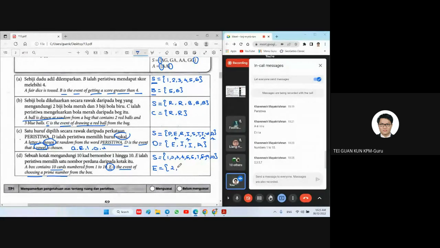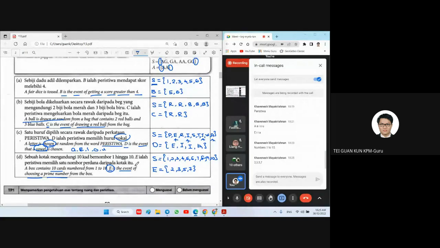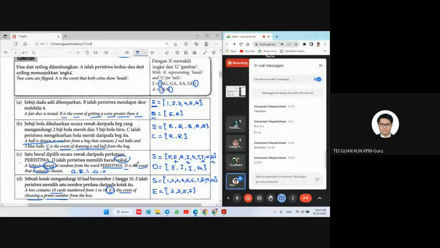So 2, 3, 5, 7. So this is how we write the answer lah. Ini soalan untuk dapatkan sample space, all the possible outcomes, and event. Peristiwa yang kita nak.